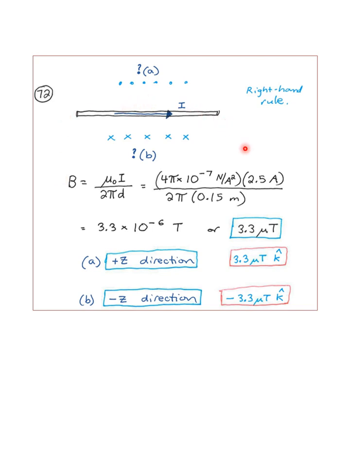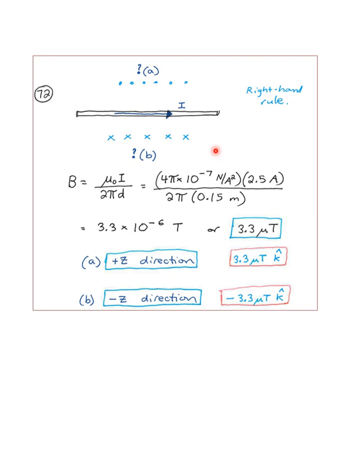Using the right-hand rule that refers to the magnetic field produced from a wire, we're going to take our right hand and imagine that we are wrapping our fingers around the wire to hold the wire, and above the wire, our fingers point towards us. They point out of the page. If you continue curling your fingers around below the wire, they go into the page. So you can see my magnetic field at those particular positions.